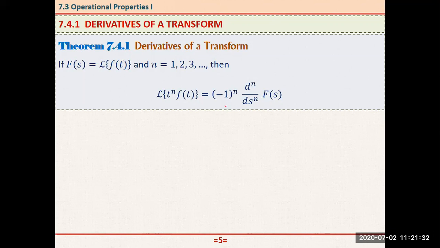That is a very good shorthand formula. In many cases, with t cubed or t to the fourth, using the definition is very, very long, so we're going to have a shortcut here.